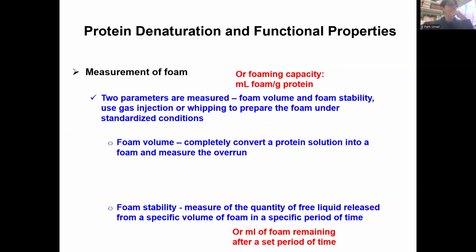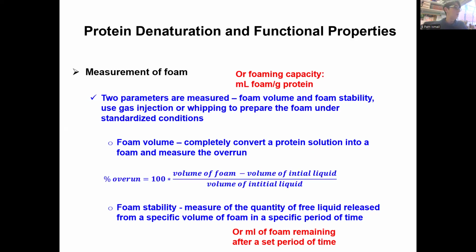For measurement of foam, we measure foaming capacity and foaming stability: you form the foam and you measure how much volume difference you obtained. Basically, per gram of protein, how much foam was generated. We can measure the overrun: the volume of the foam after it is formed, minus the volume of the initial liquid before you form the foam, over the volume of the initial liquid.